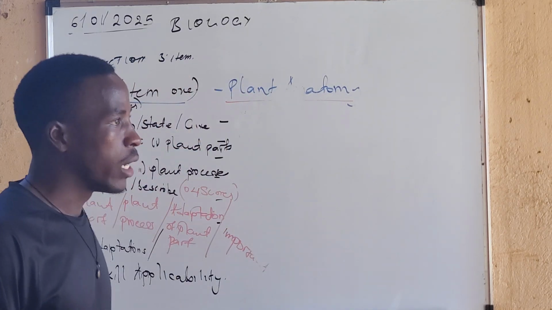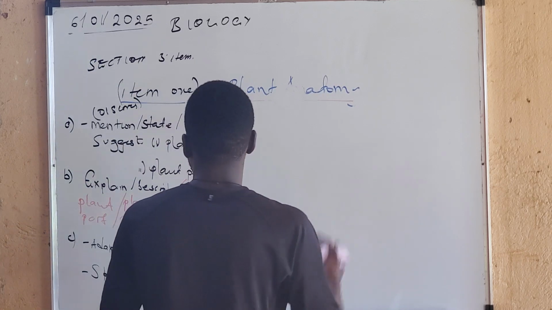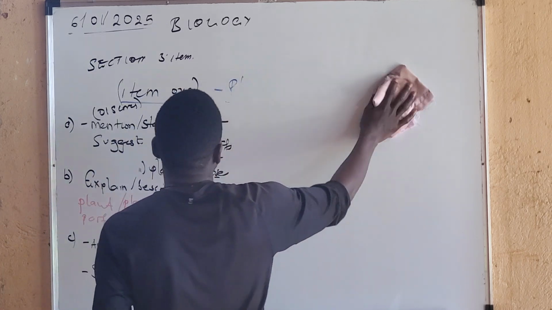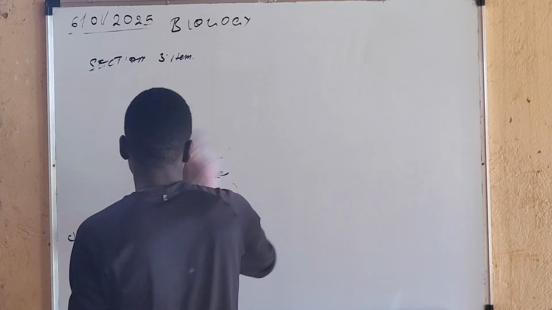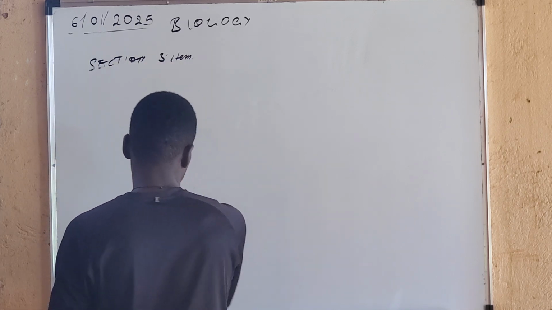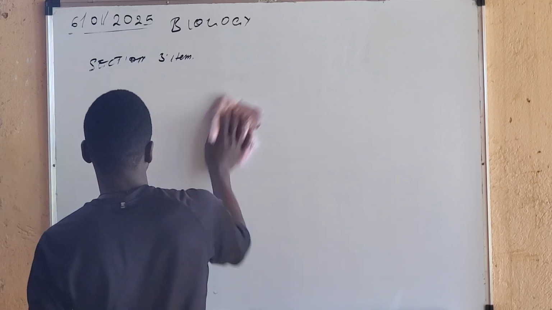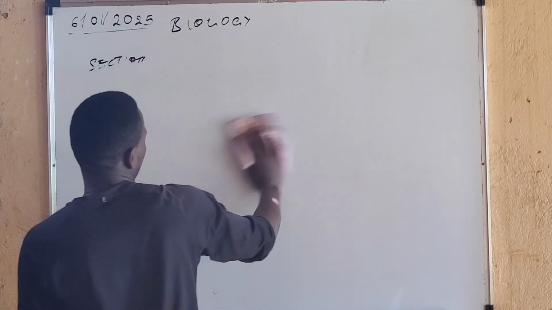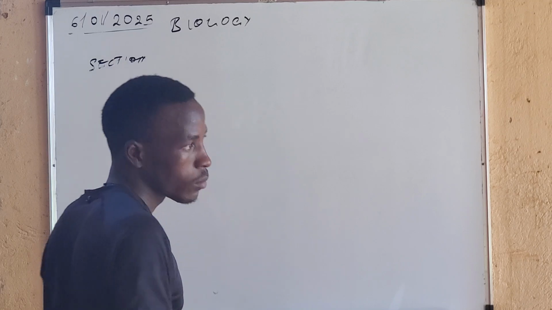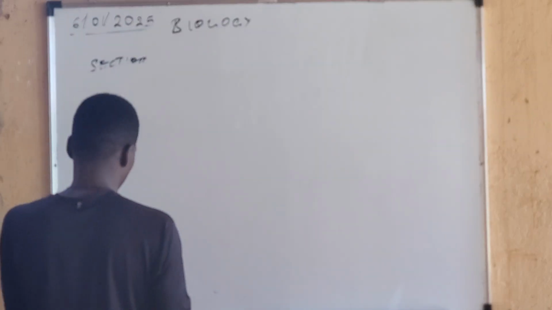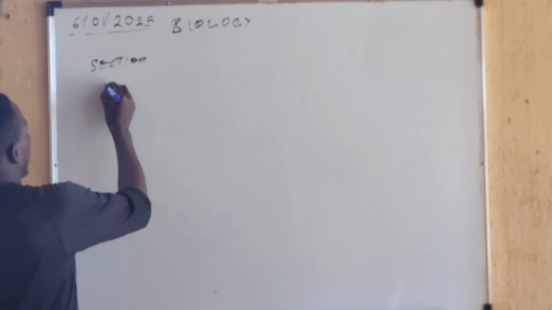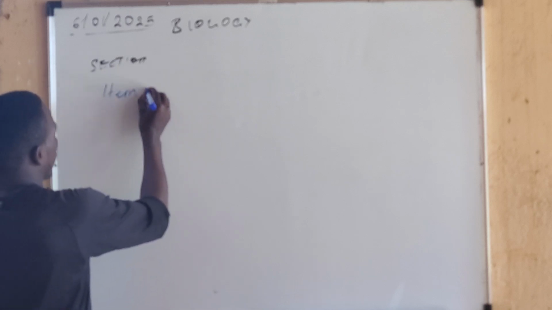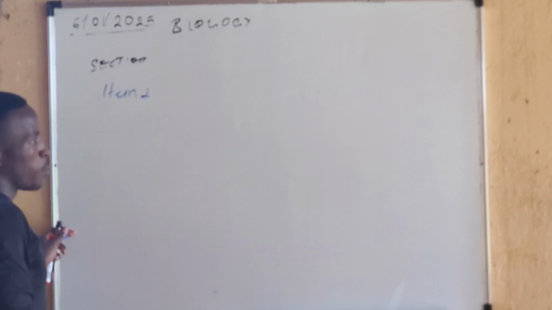How do we answer item number 2, and which topics come under item number 2? Under item number 2, we have two topics majorly.